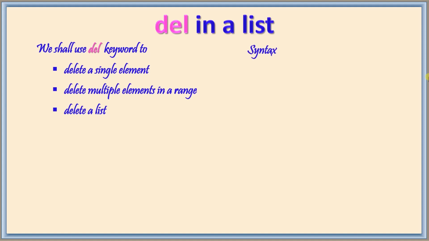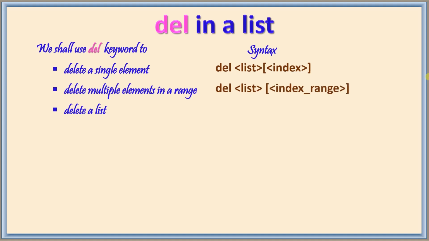To delete a single element, we will give del space list and then the index number in the square bracket. So that particular index number's value gets removed. If we want to delete multiple elements, we can also give the range instead of a single index. Del space list of index range we give.